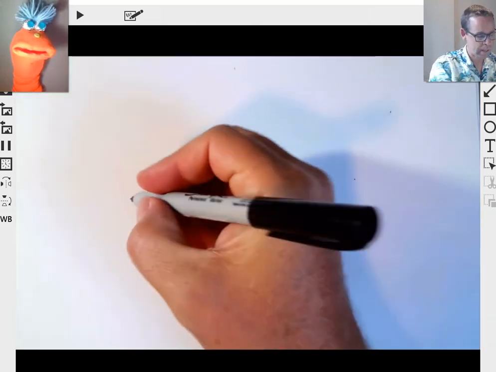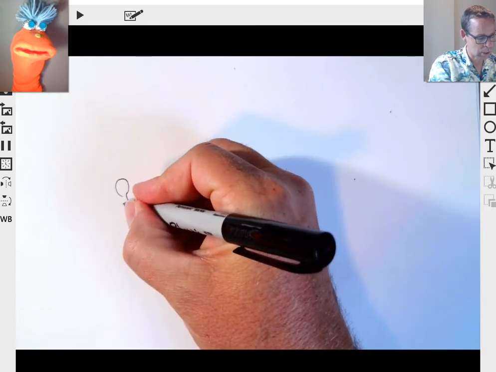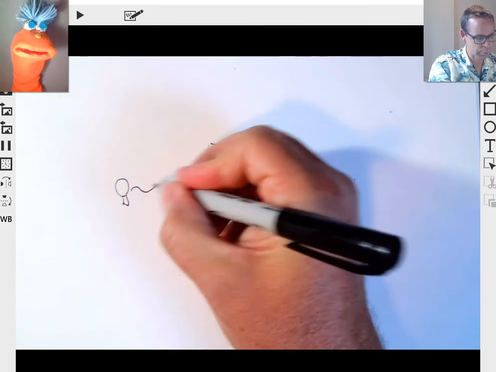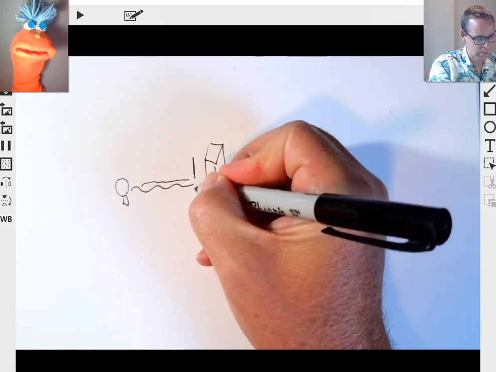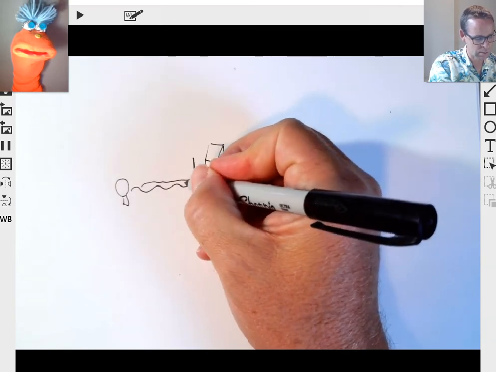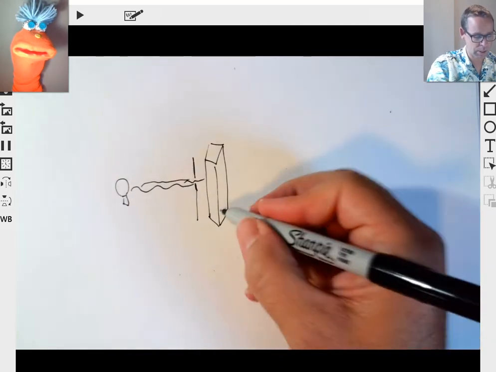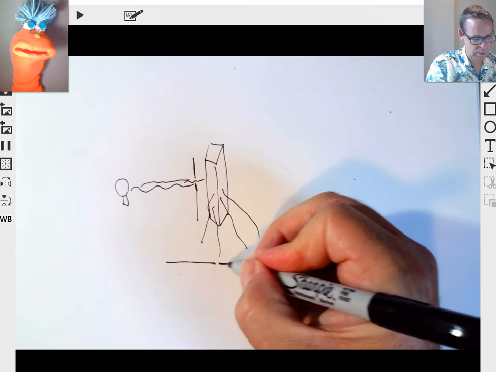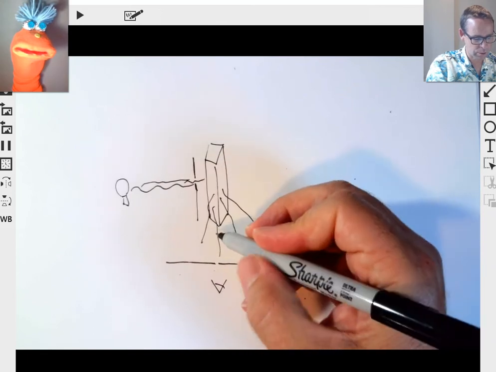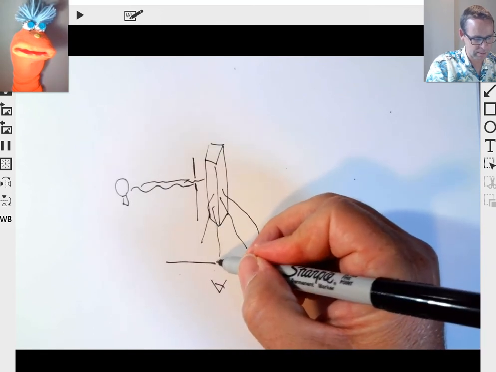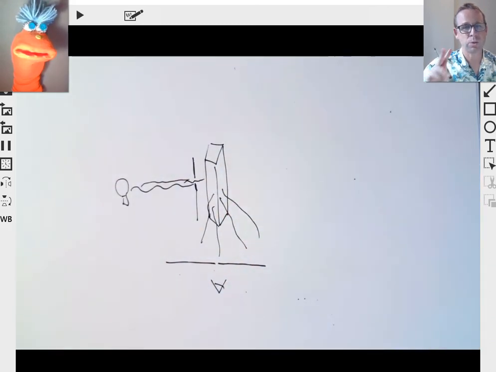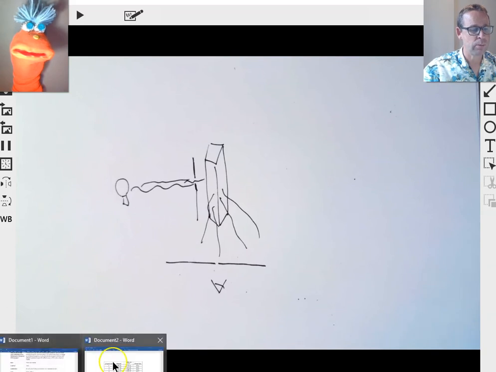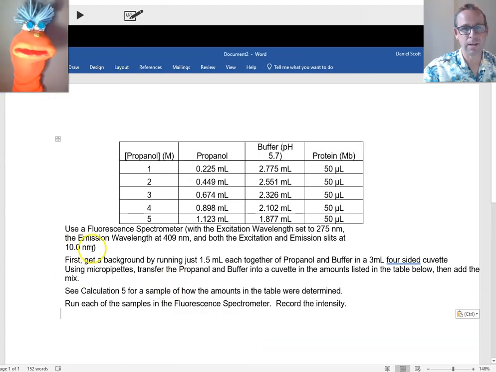Our way to control that is to decrease the amount of absorbed light by, this is one of our slits right here, decreasing the amount of light that can come in, and then as the light goes off in all directions, we have our detector here. We can also change that slit width there. Okay, so those two slit width values are important to know exactly what is going on. So they were at 10 nanometers. All right.